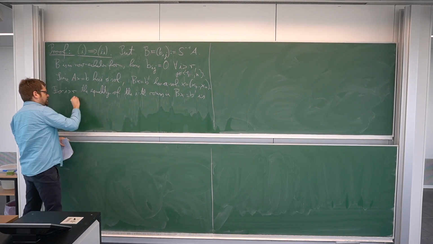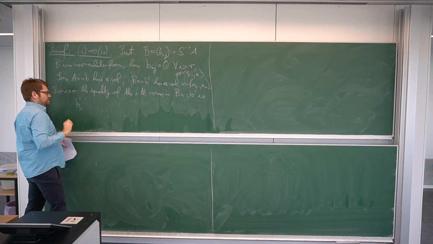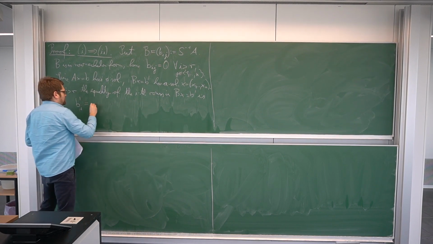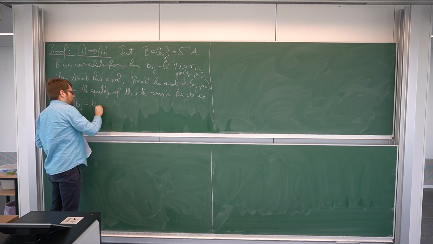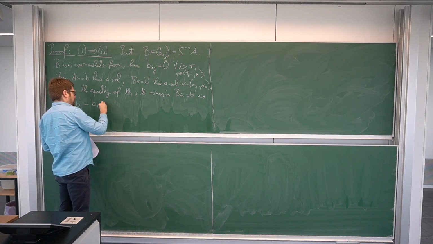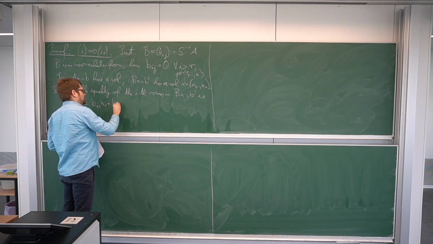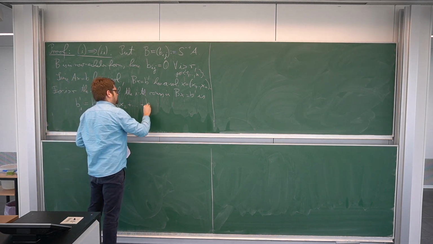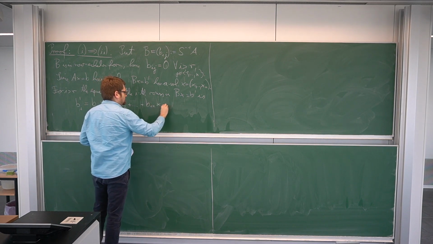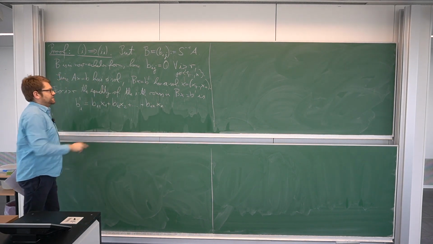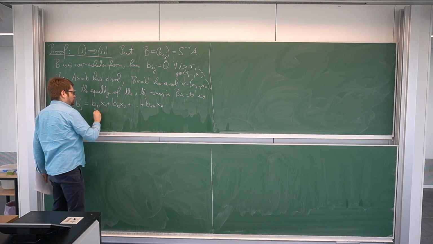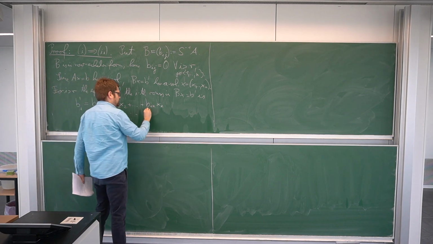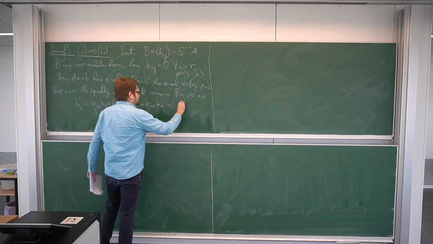On the right-hand side is bi prime, and on the other side we have bi1 x1 plus bi2 x2 plus and so on plus bin xn. But since i is bigger than r, by assumption this is 0, and so on. This is 0. So the result must be 0.